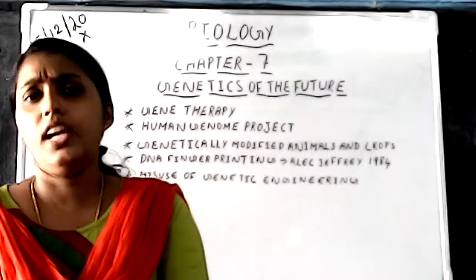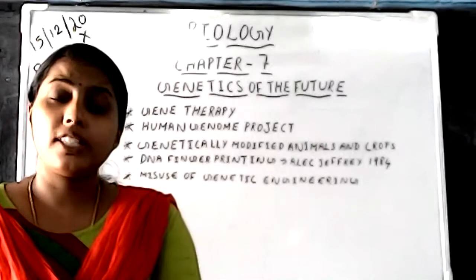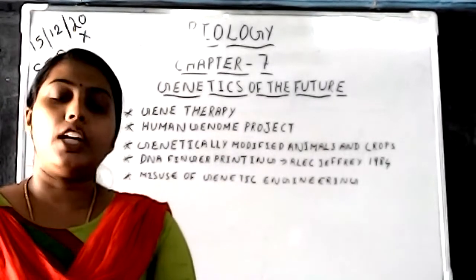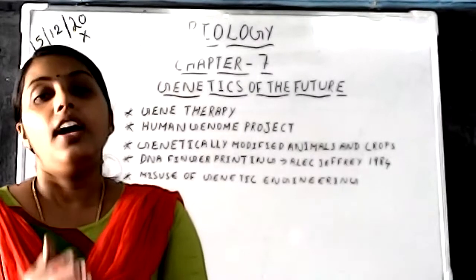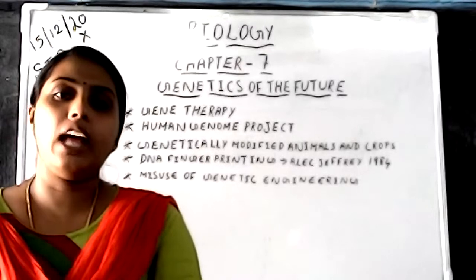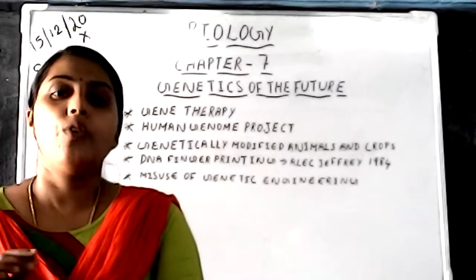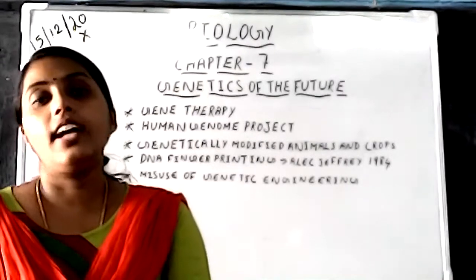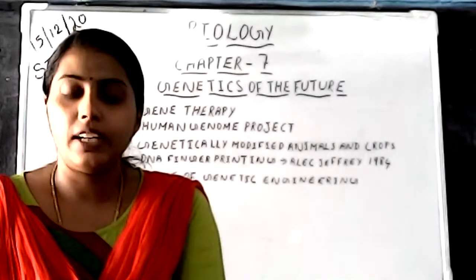DNA is present, and on the DNA genes are present. So we cut the insulin-producing gene from the human DNA, and with the help of the enzyme ligase we join that gene to the bacterial DNA, which is also known as the plasmid.